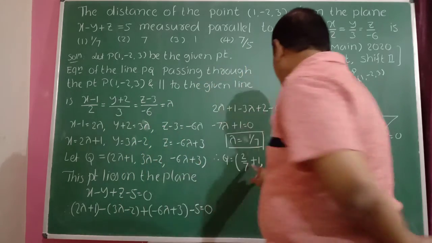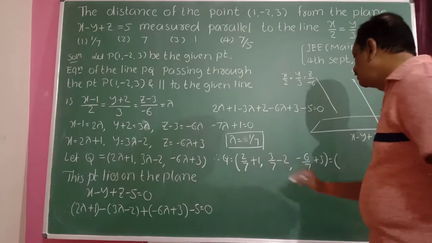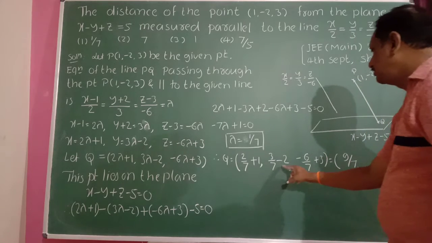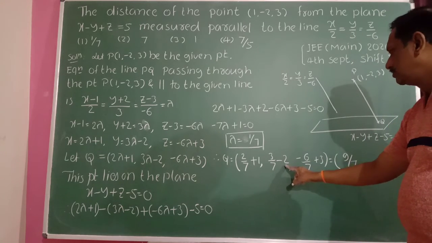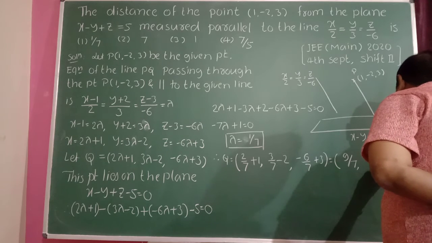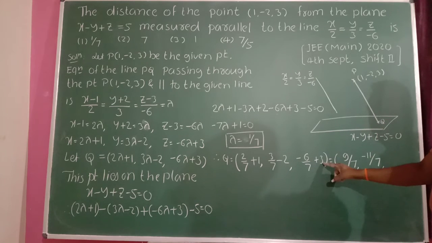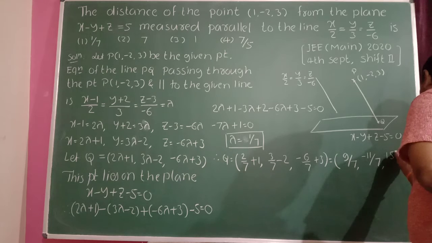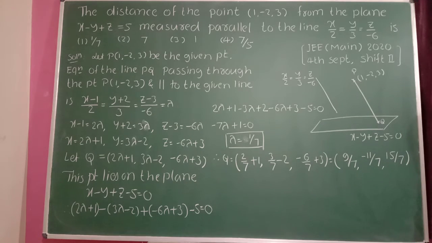That is equal to 9/7, then -11/7, and 15/7. So 9/7, -11/7, 15/7 is the coordinate of the point.